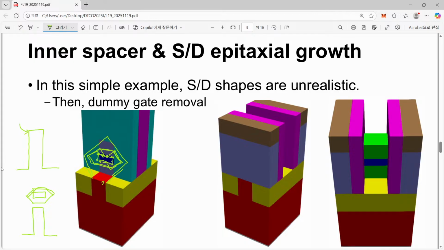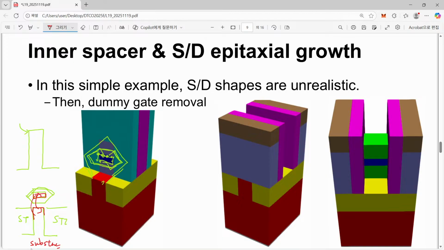However, this fin is not used as a channel material. This is just covered by STI and eventually another dielectric. So we will not actually want to use this one. The use of this fin is only because we wanted to eventually connect this one and this one by selective epitaxial growth, and we wanted to apply the stress from this deep substrate.